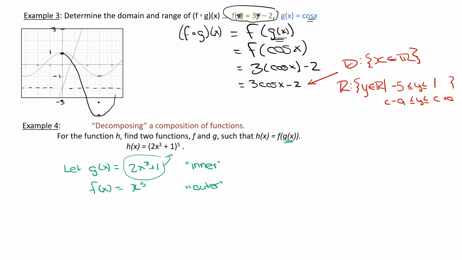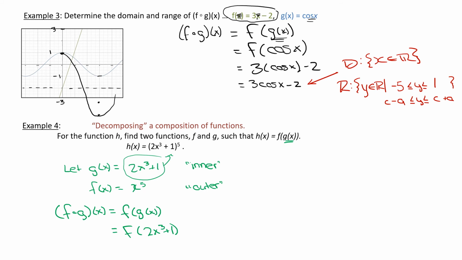There's other ways to write it too. So what we've got here is f of g at x, and that is f at 2x cubed plus 1.